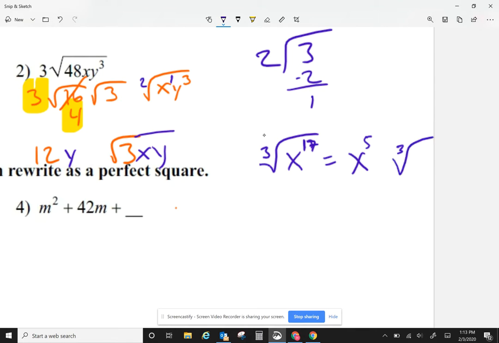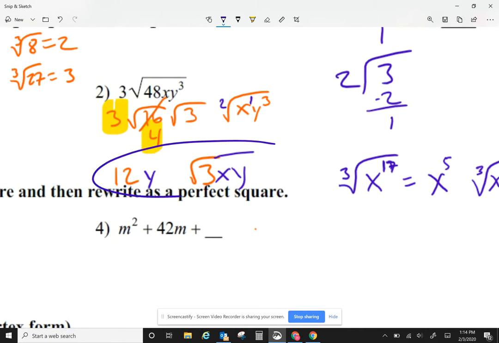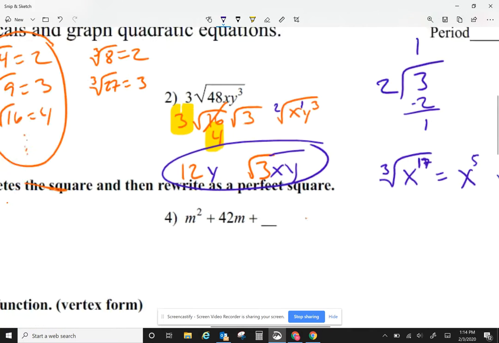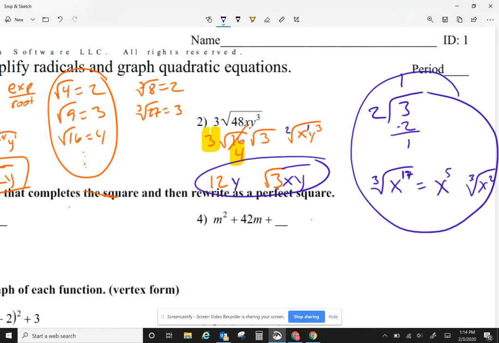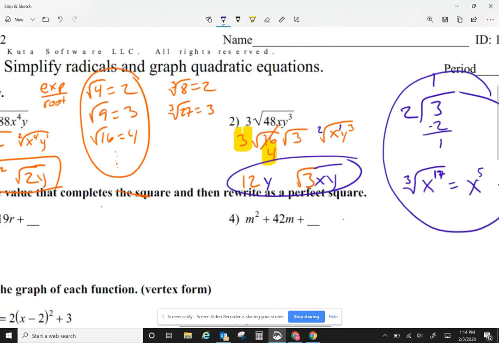And my leftover is x to the 2. 17 divided by 3 is 5 with 2 leftover. My remainder goes inside. So that's what I get for question number 2. This right here was just to go over how to simplify radicals with letters.